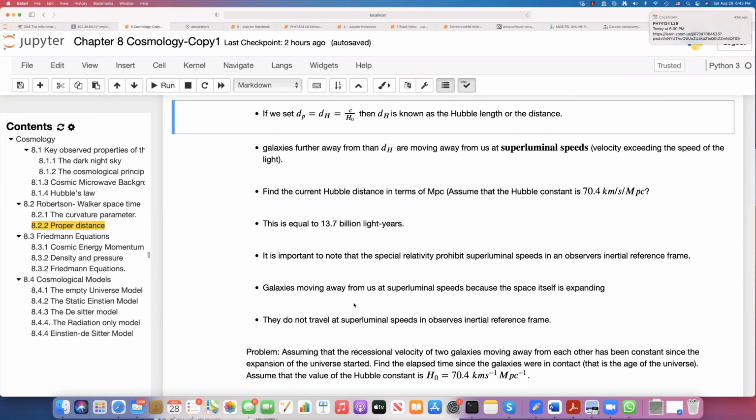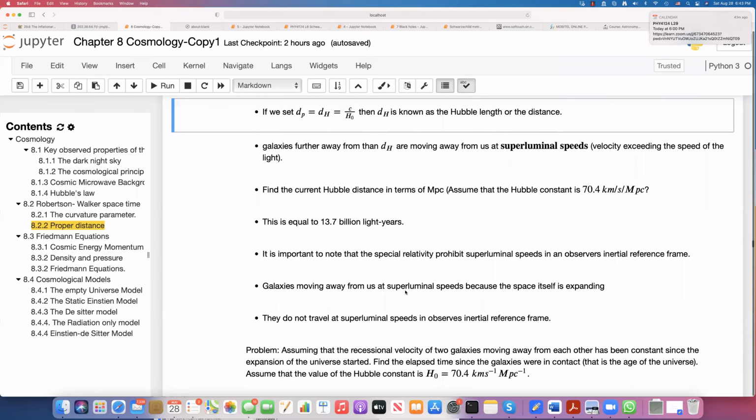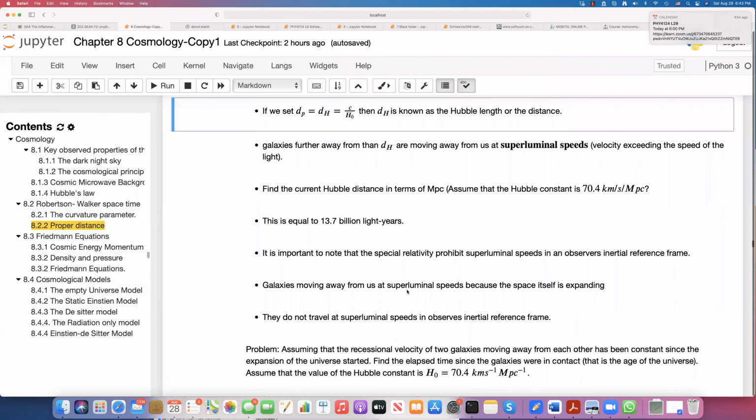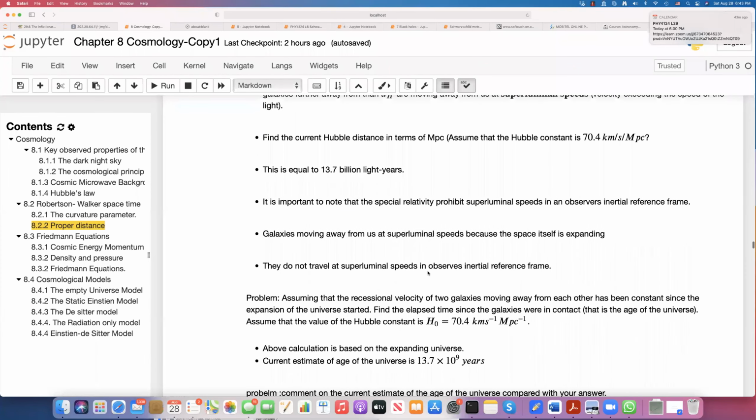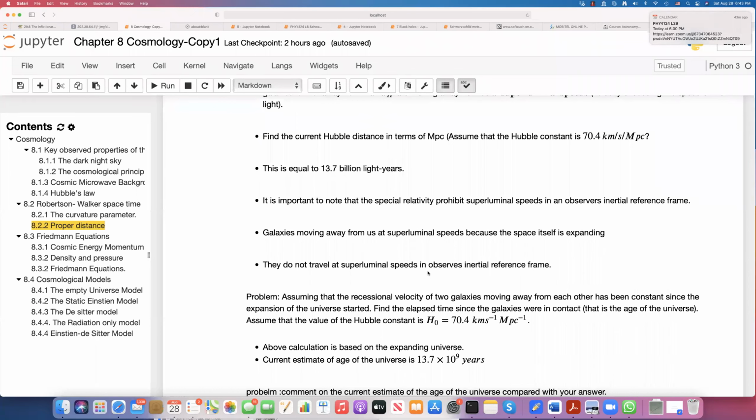But there is something you have to note here. It is important to note that special relativity prohibits superluminal speeds in an observer's inertial reference frame, right? But galaxies are moving away from us at superluminal speeds because the space itself is expanding. So those are two different things that you have to understand.